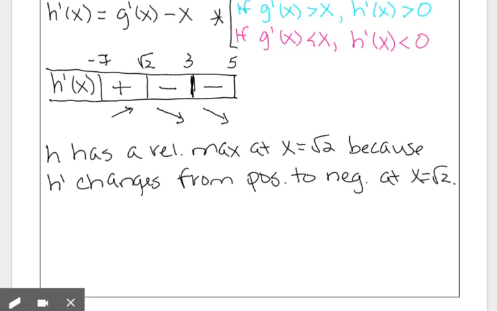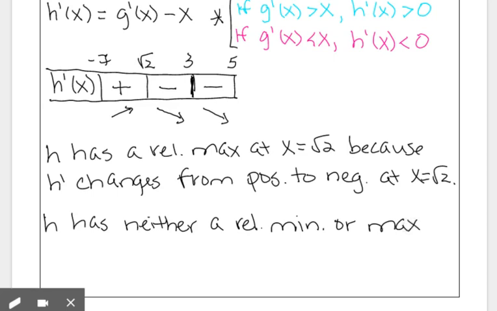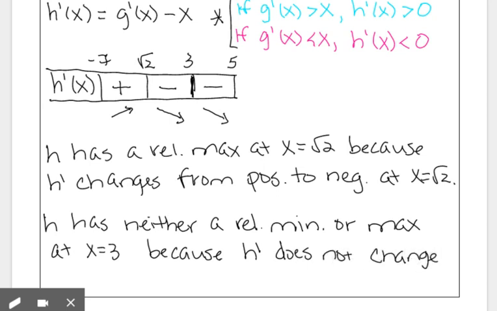And then if we look at 3, h prime doesn't change signs, so h has neither a min nor a max at x equals 3 because h prime does not change signs.